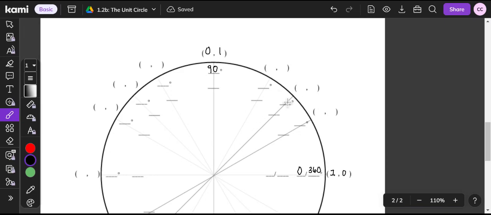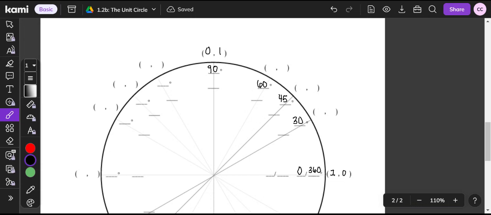This one looks like it's halfway between 0 and 90. So this is 45 degrees. In fact, all of these are going to be some 45-degree offset. This one right here, it's in between 0 and 45. This one is 30 degrees. I'll just tell you that. And then this one right here is 60 degrees.